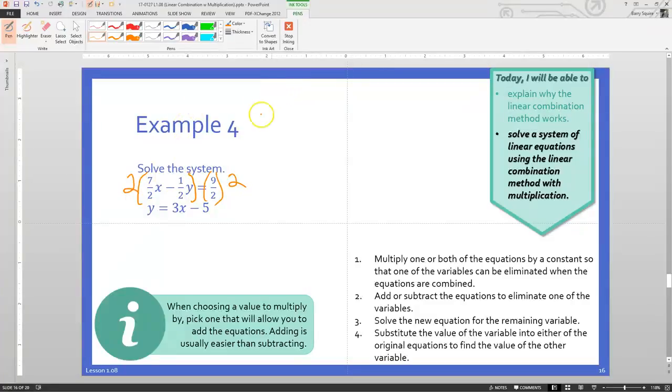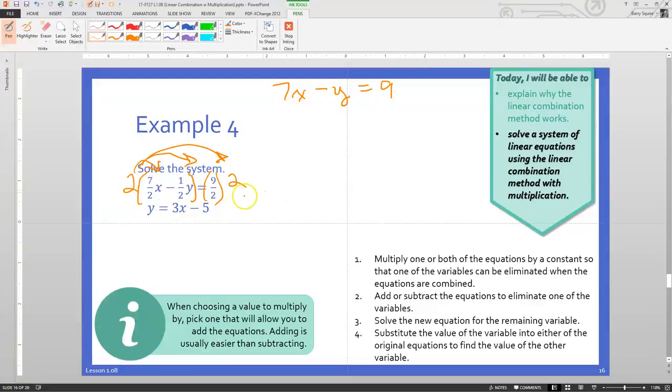So then I get 7x minus y equals 9. And then the bottom one, well, it's not in the form that we would want it to be in.